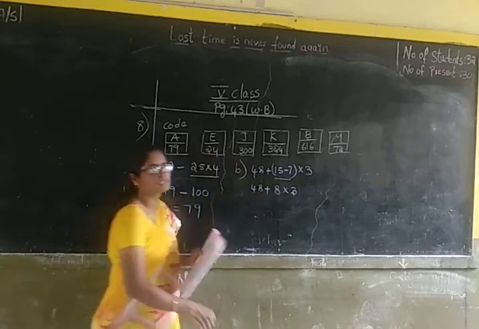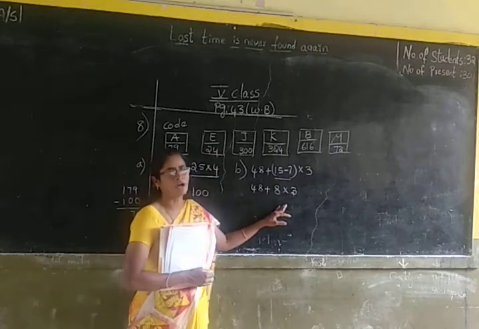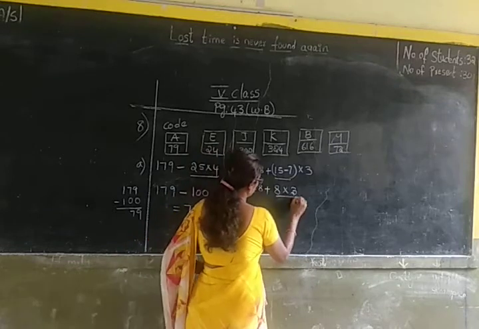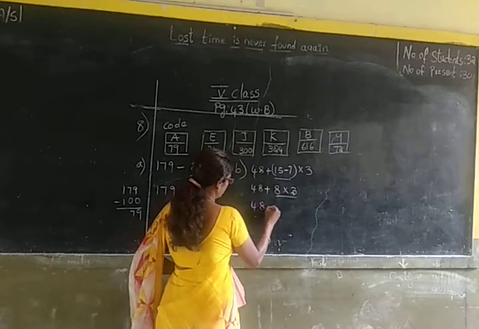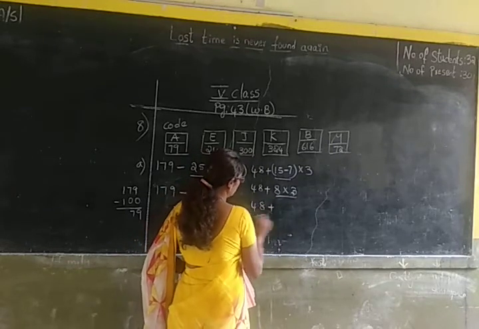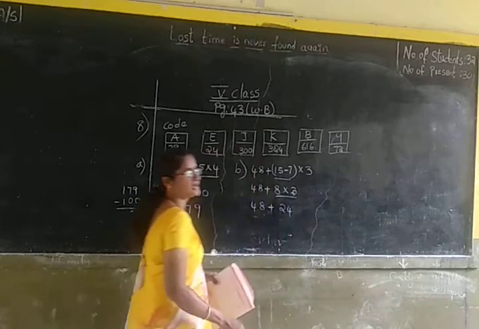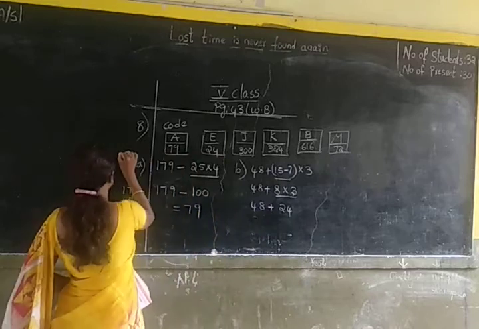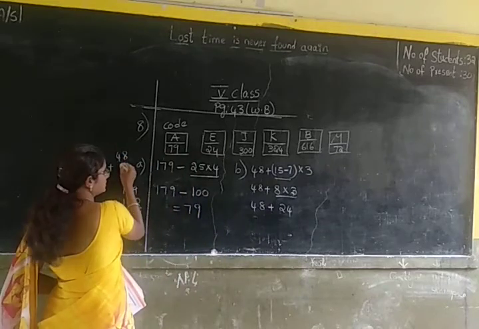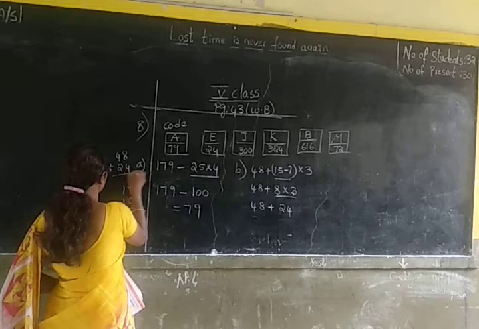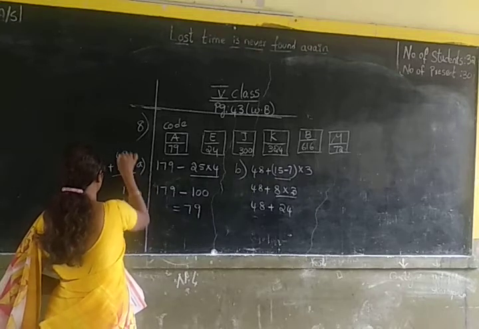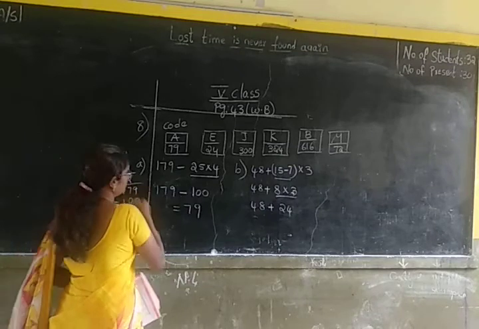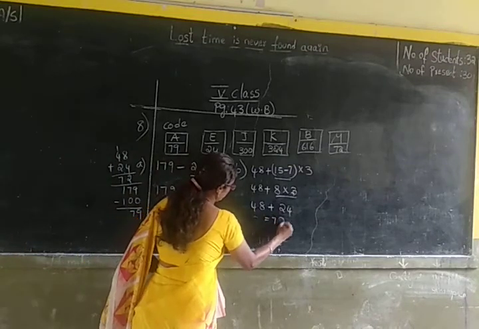After solving the bracket, we do the multiplication. 8 threes are 24. Now let us add these two terms. So 48 plus 24 is 72. So the answer is 72.